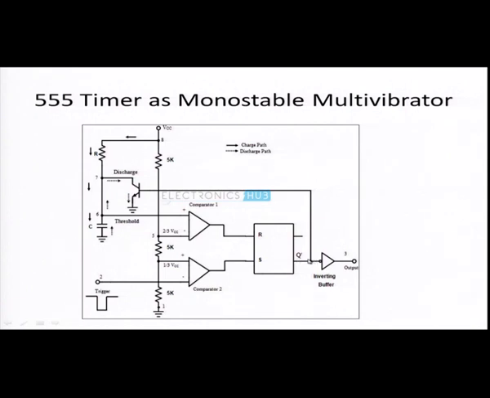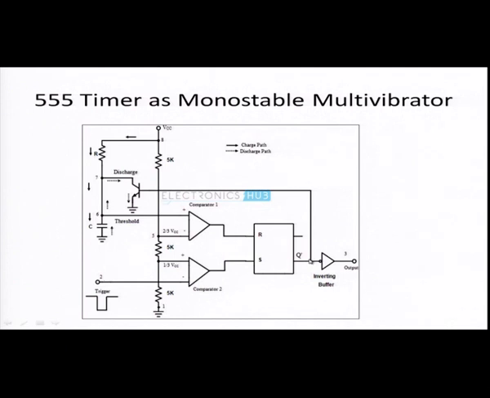In that case, if the Q bar is high, then this transistor is called a discharge transistor, since it is connected across a capacitor. This discharge transistor is a path for the capacitor to discharge its potential to the ground.